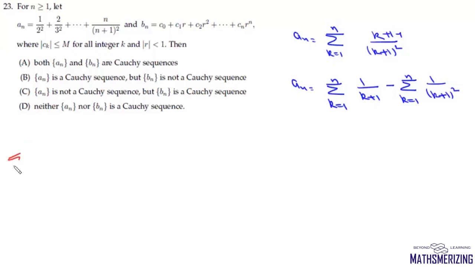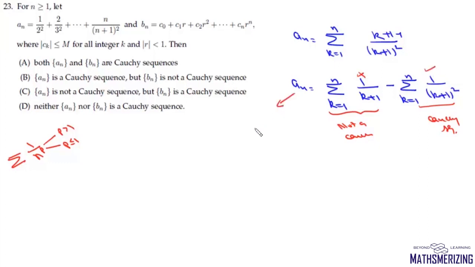Now we know that harmonic sequences 1 upon n to the power p are convergent if p is greater than 1 and they are divergent if p is less than or equal to 1. So for this one, summation 1 upon k plus 1 is not a convergent sequence, so it is not a Cauchy sequence. And 1 upon k plus 1 square will be a Cauchy sequence. So this first sequence is not Cauchy and the second sequence is a Cauchy sequence.